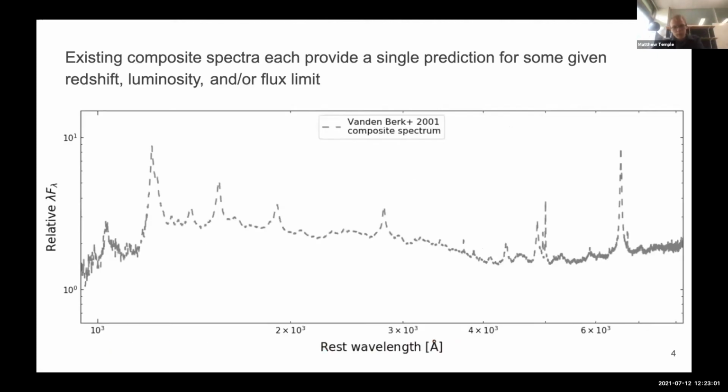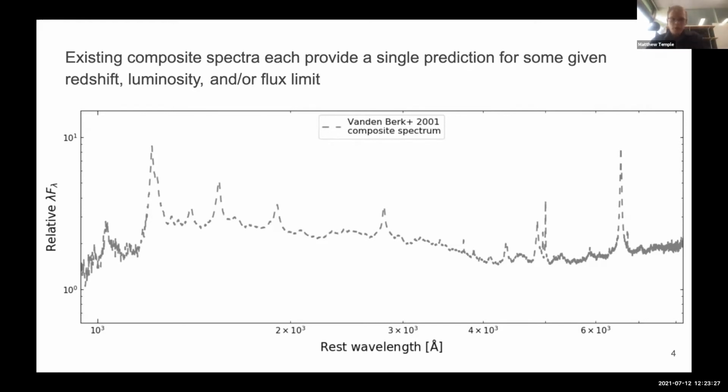As an introduction, there's lots of existing composite spectra or templates in the literature, so why can't we just use those? The problem is that existing spectra or composites effectively provide a single model or a single prediction for some given redshift or some given luminosity or some given flux limit. This is the Vandenberg 2001 composite spectrum, which is highly cited.